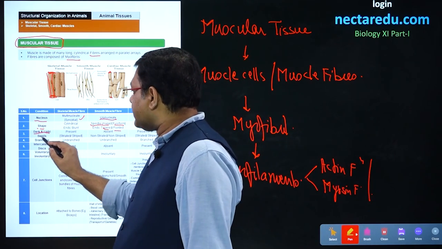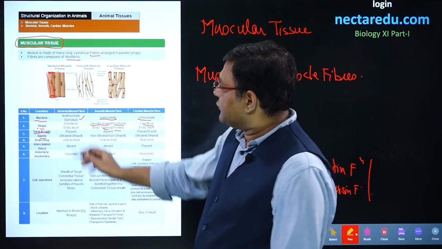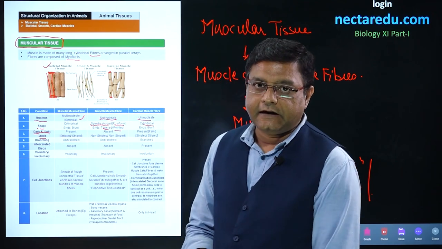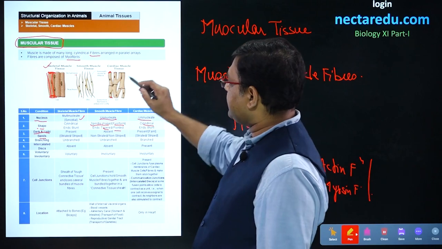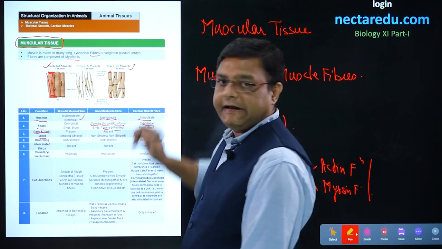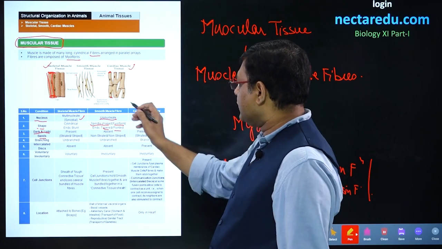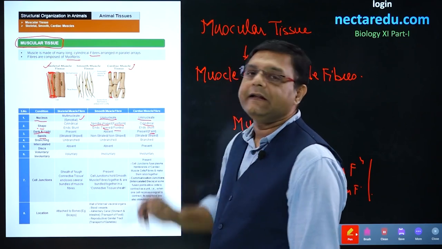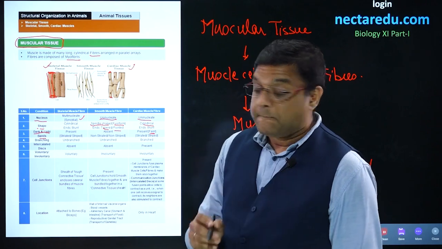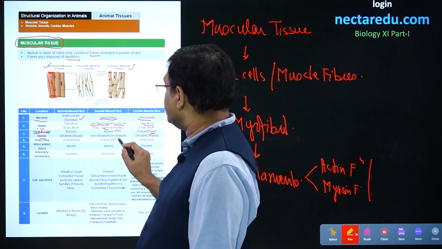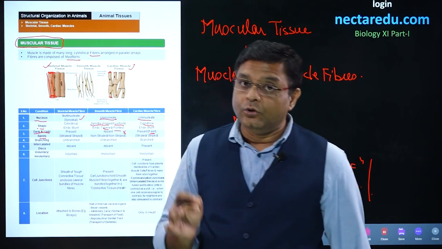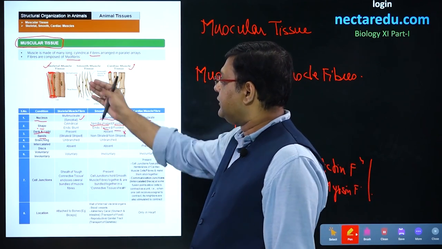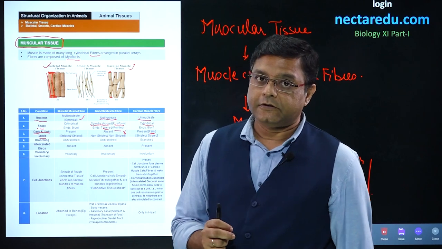Next, talking about the dark and light bands. Dark and light bands are present in skeletal muscles. These are present in cardiac muscles as well, although the bands are faint in cardiac muscles. But in smooth muscles, there are no dark and light bands, and that is why these muscles are called smooth muscles.